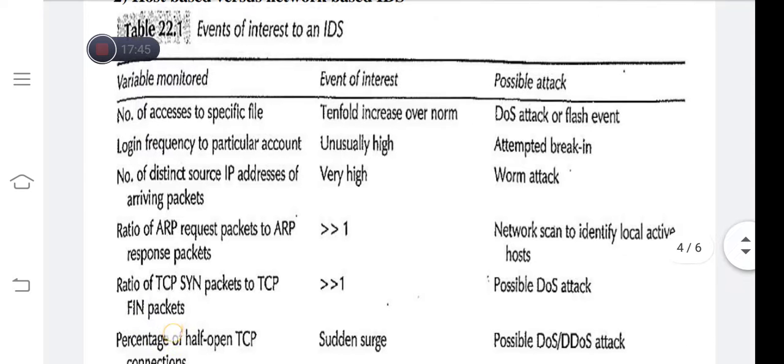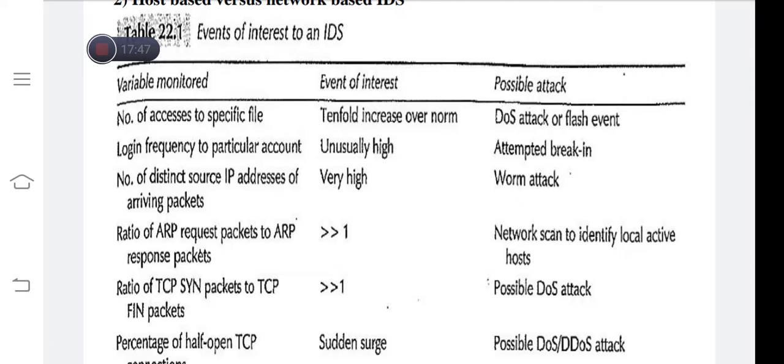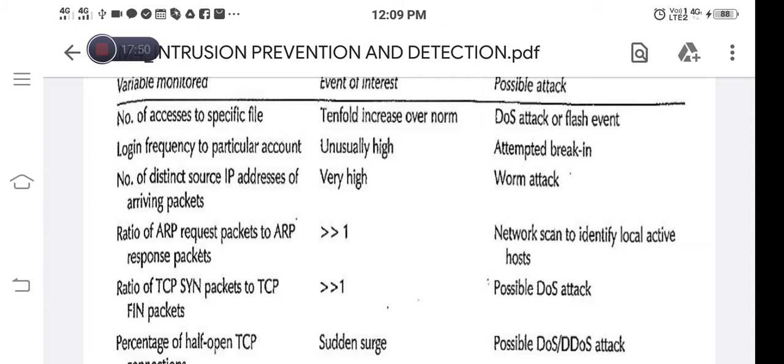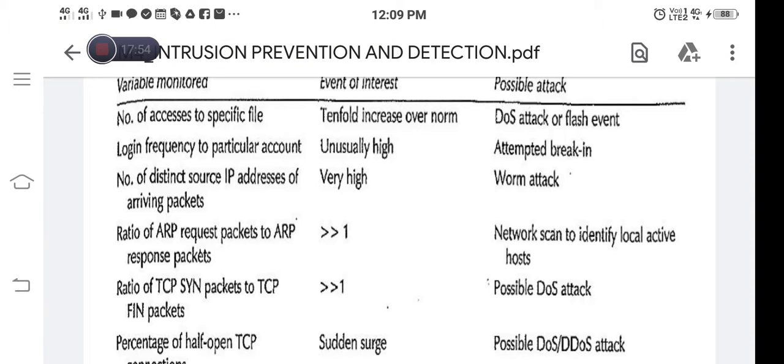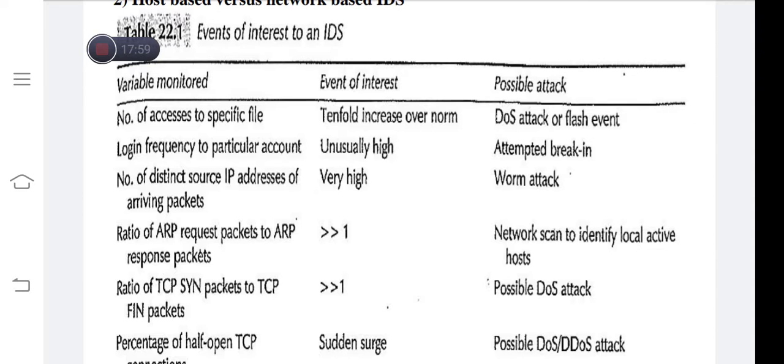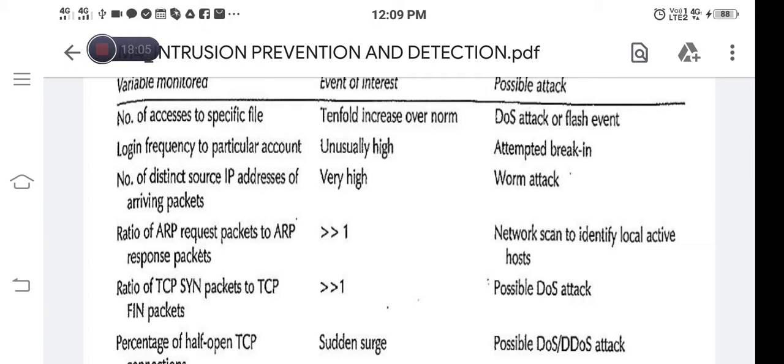So here in the table, the first 6 variables are: number of accesses to a specific file; login frequency to a particular account; number of distinct source IP addresses of the arriving packets; ratio of ARP request packets to ARP response packets; and ratio of TCP SYN packets to TCP FIN packets. These are the different measures the IDS system uses to find out the type of attack.